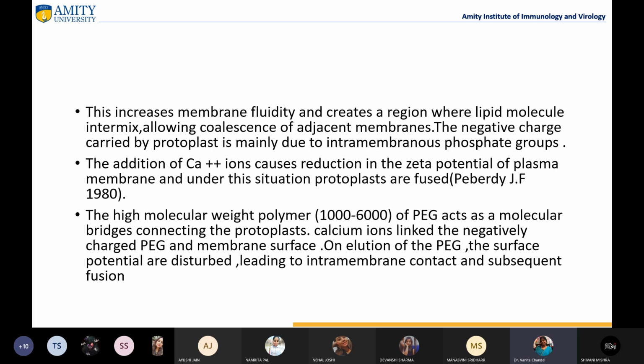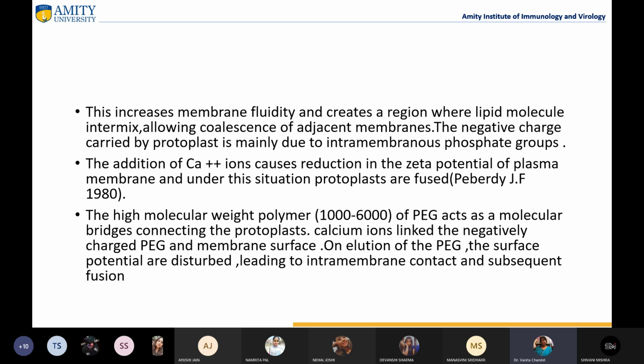This increases membrane fluidity and creates a region where lipid molecules intermix, which allows the coalescence of adjacent membranes. The negative charge carried by a protoplast is due to the intramembranous phosphate groups present there. So when we add calcium ions, they cause a reduction in the zeta potential of the plasma membrane, and under this situation the protoplasts fuse. These are again some explanations.